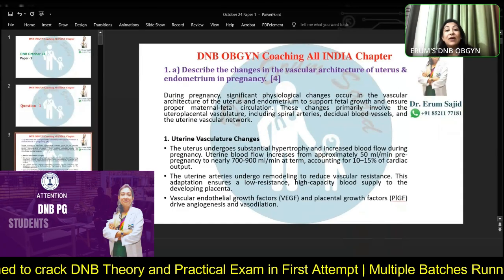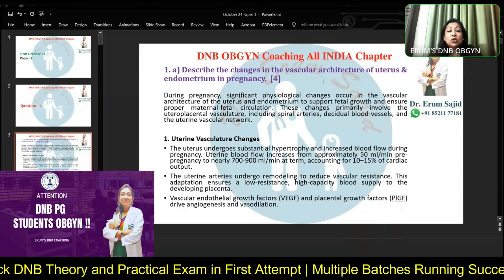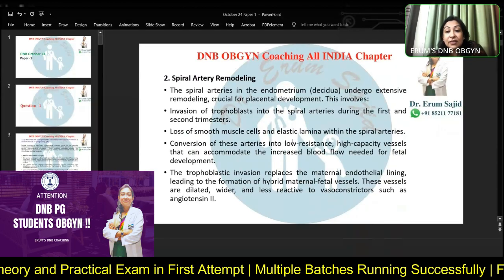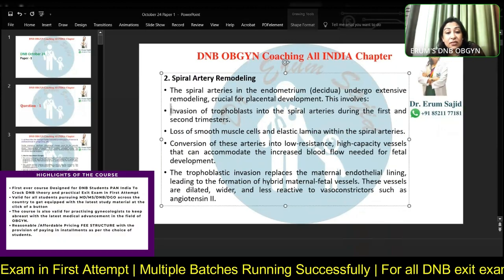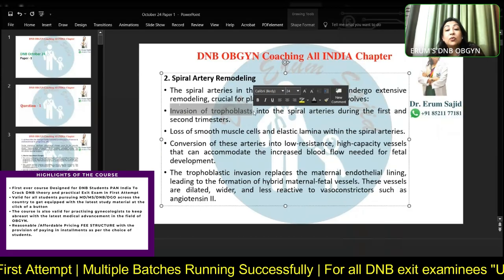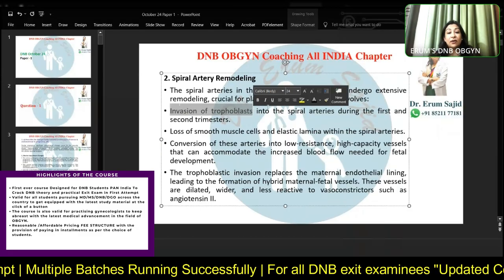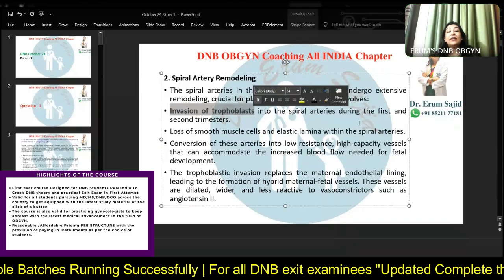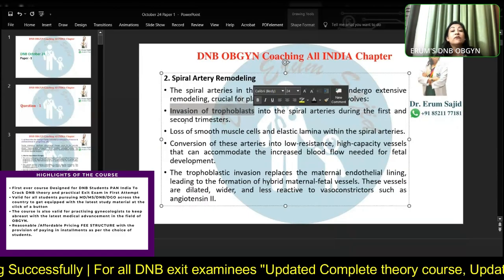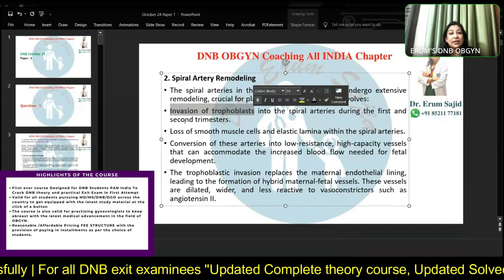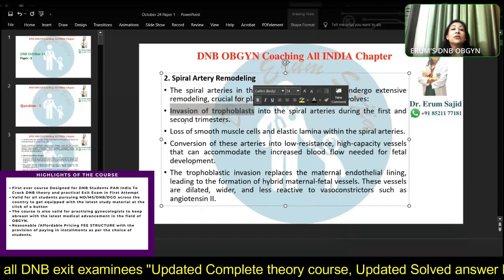Now, spiral artery remodeling is one of the features of the vascular architecture. What happens in the spiral arteries is that there is an invasion of trophoblasts. This is very important. They invade into the spiral arteries in the first trimester and the second trimester. There is a loss of smooth muscle and elastic lamina, so they become high capacitance and low resistance.